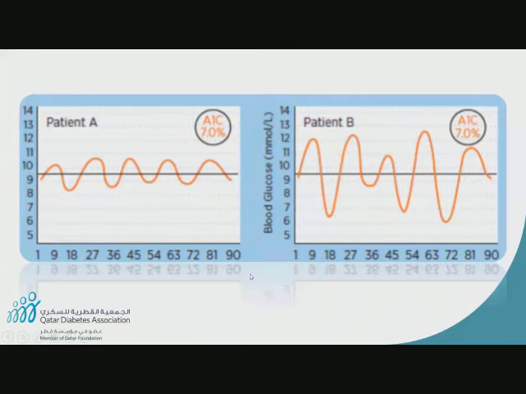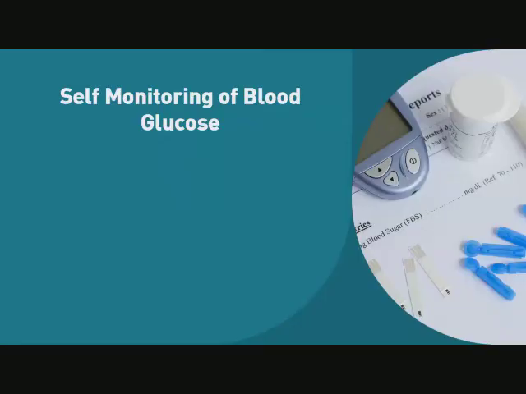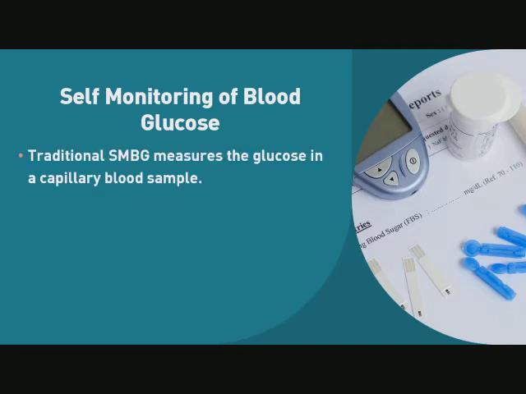And this is one of the drawbacks of the HbA1c test: it shows you the whole picture, but it does not show you the details, the day-to-day level of glucose of a certain person. And this is where the importance of self-monitoring of blood glucose shows.